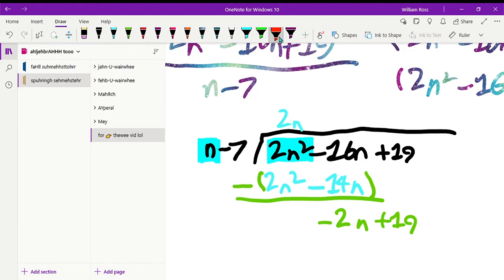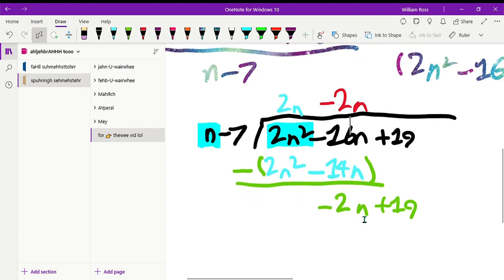So n goes into negative 2n, negative 2 times. I'm gonna make this red. And so negative 2n times n minus 7. That would be negative 2n. Okay, that looks like a z. Plus 14.